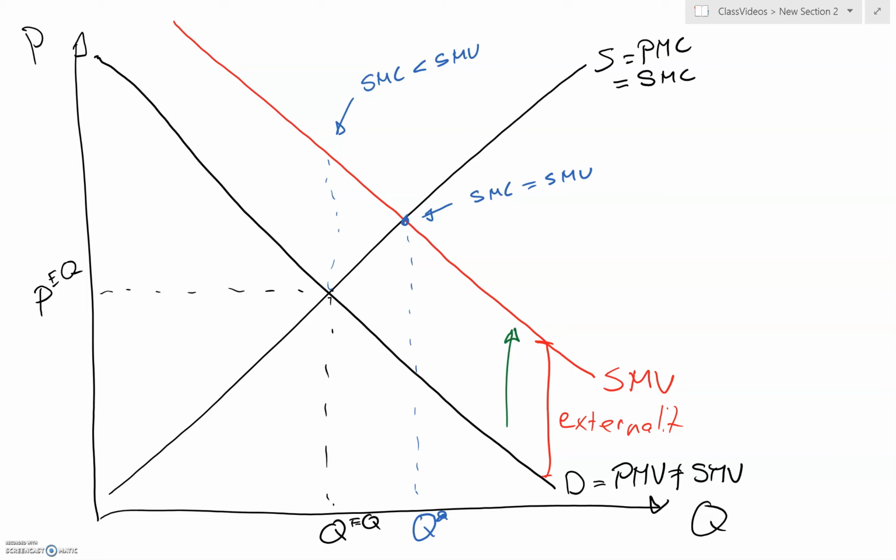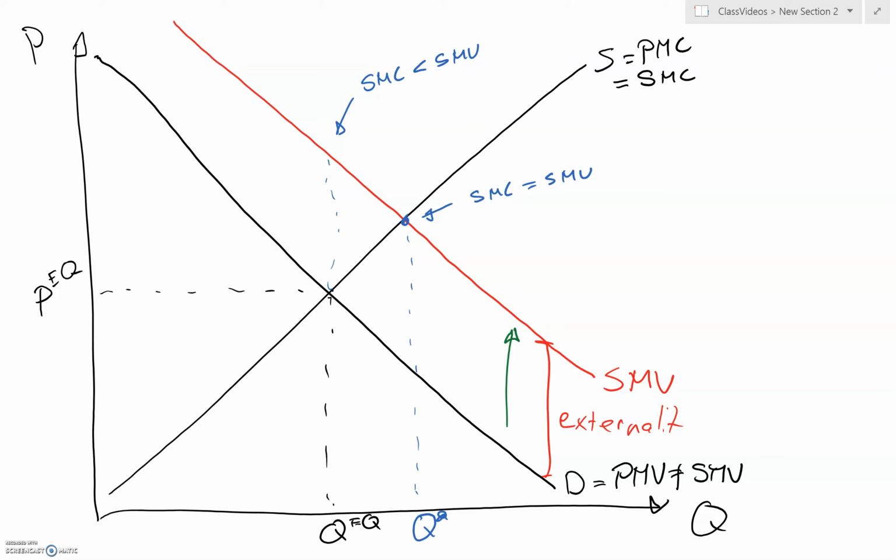Not only do they get the private value of consuming this flu shot, but the government also gives them some money to do it, right? If I value something at $10, but then the government gives me another $2 just for buying the thing, then I value it at $12, because it comes with cash that I can use to do something else with. Alternatively, I'm going to act as if the price is $2 less than it actually is.